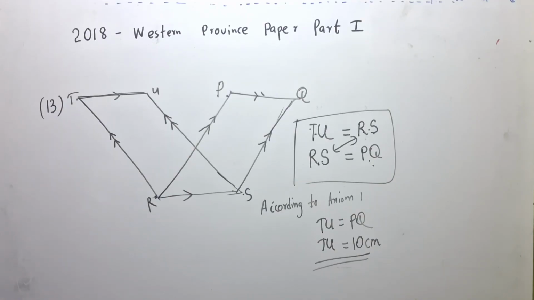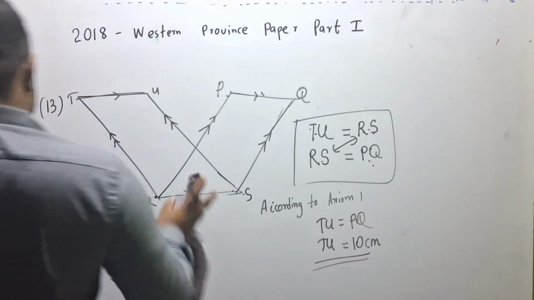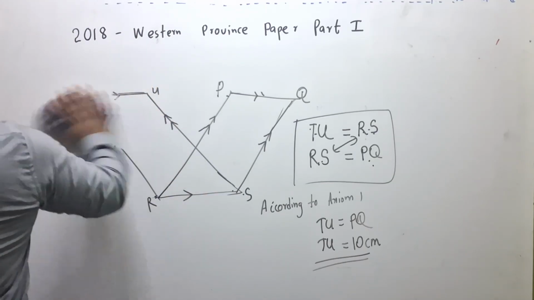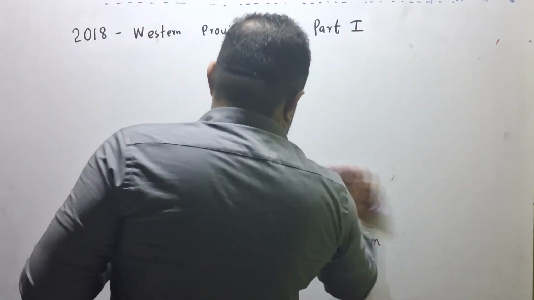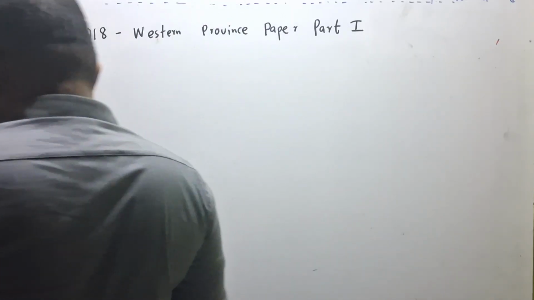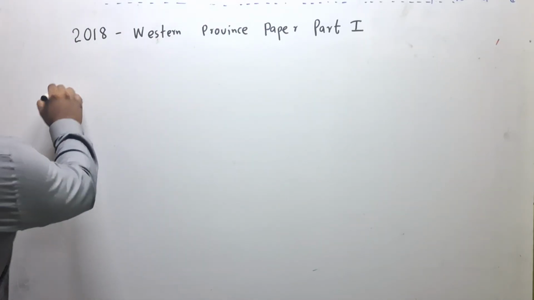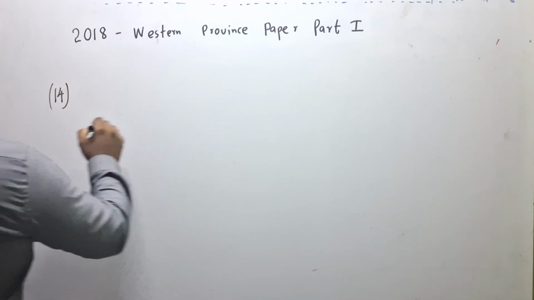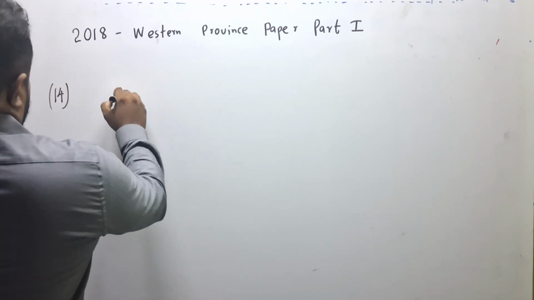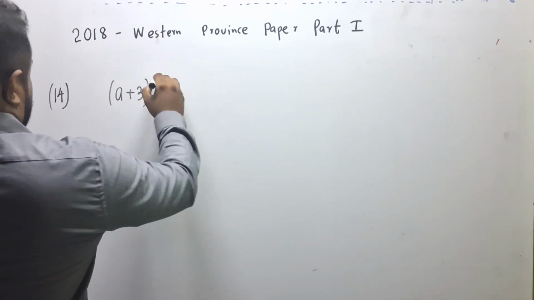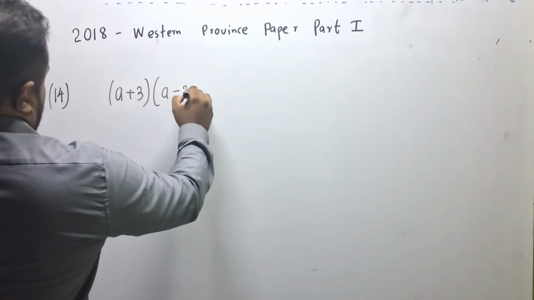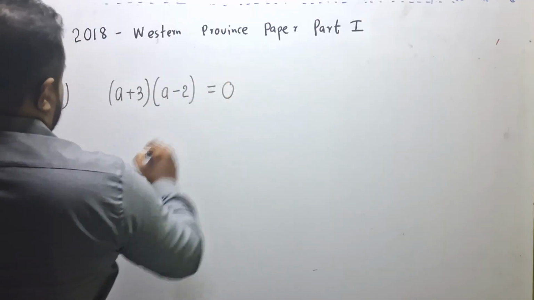Okay. Then question number 14. Solve this quadratic equation. How to solve the quadratic equation? (A plus 3)(A minus 2) equals 0.